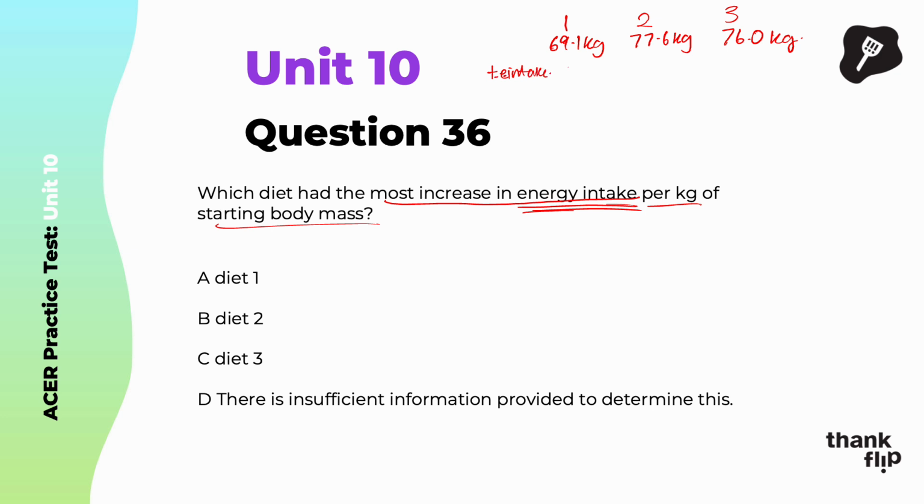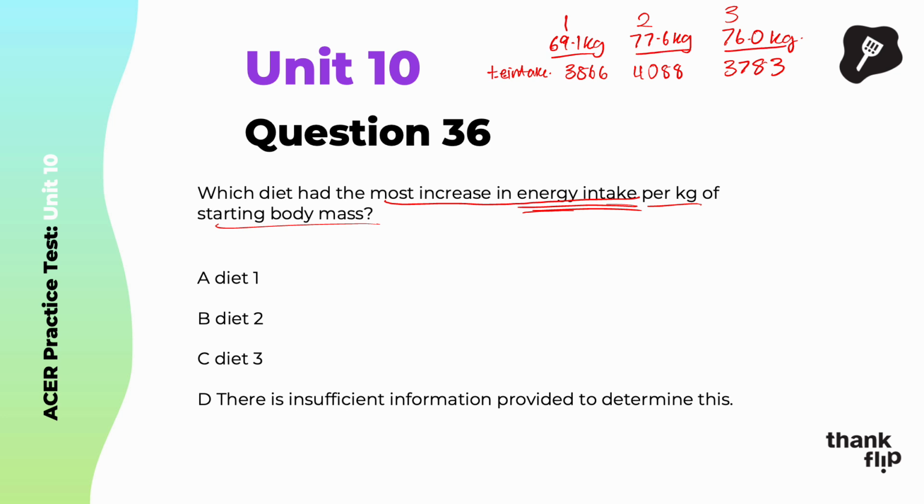And here we have 3866, 4088, and 3783. So what we want to do is figure out the most increase in energy intake per kilogram of starting body mass.